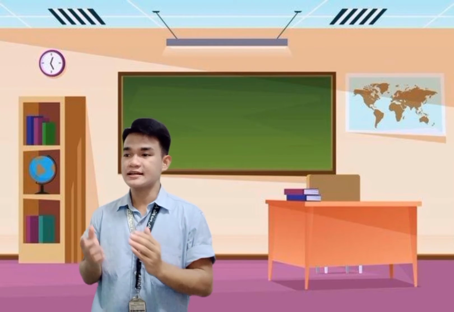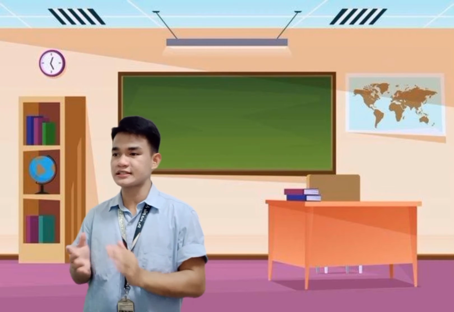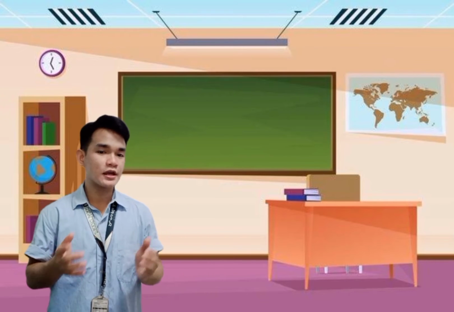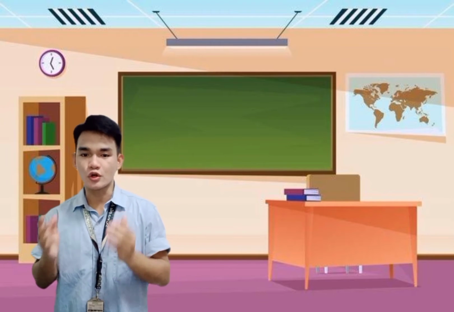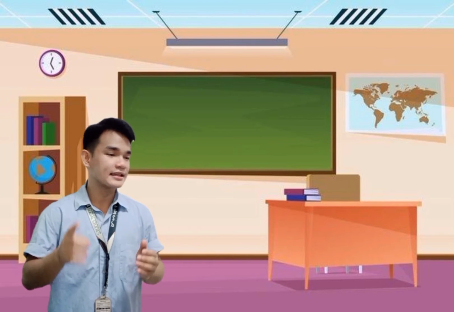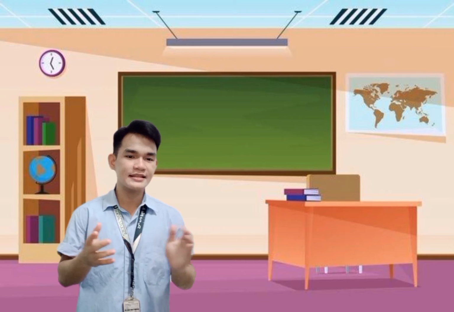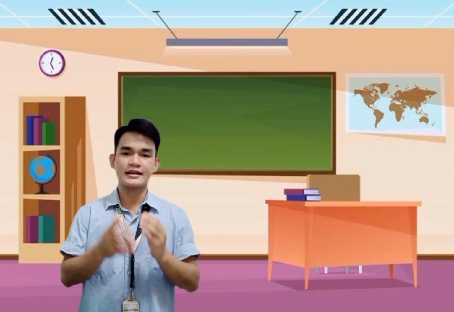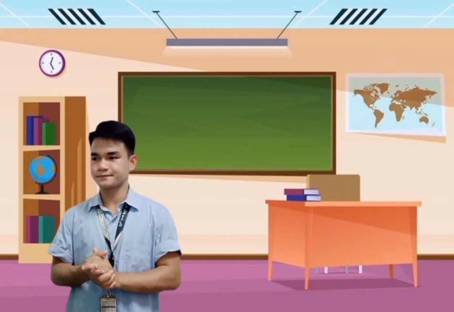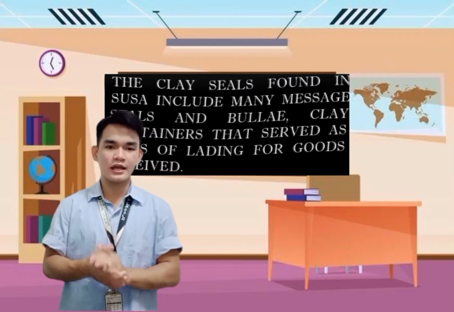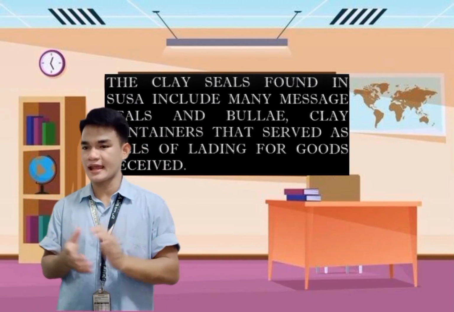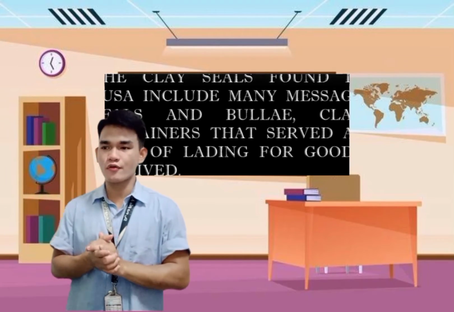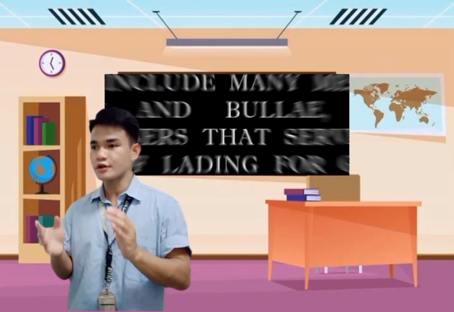Commodity sealings were used to keep a shipment of goods tightly closed until it reached its destination, and message sealings were used to keep track of goods sent and received. The clay seals found in Susa include many message seals and bullae, clay containers that serve as bills of lading for goods.